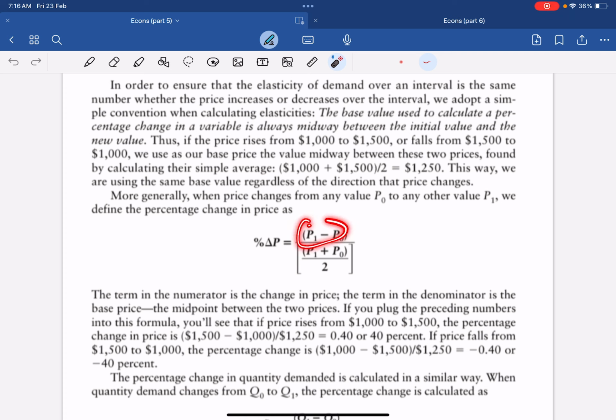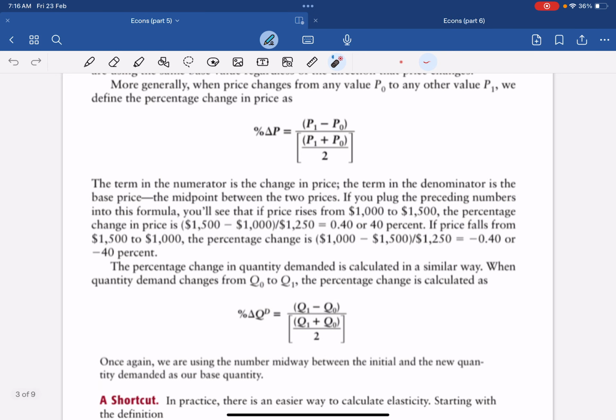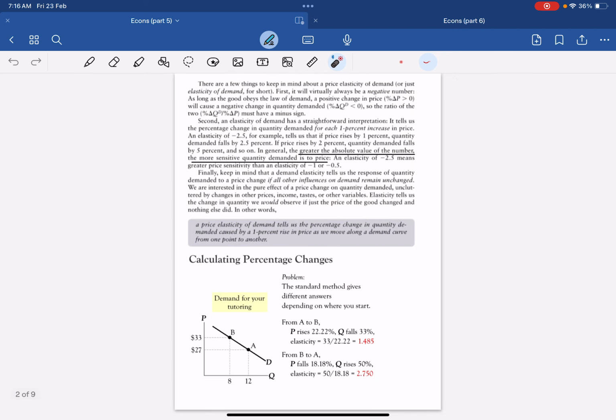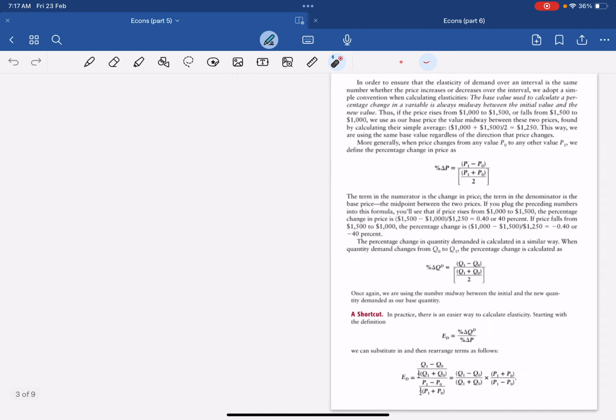The change value is still the same, but for the base, instead of using P1 or P0, you use P1 plus P0 divided by 2. We can do the same for quantity demanded, which allows us to have the same PED whether you change from B to A or A to B.